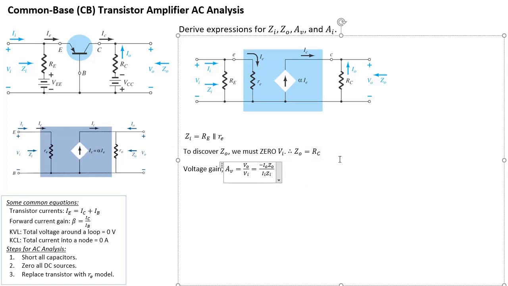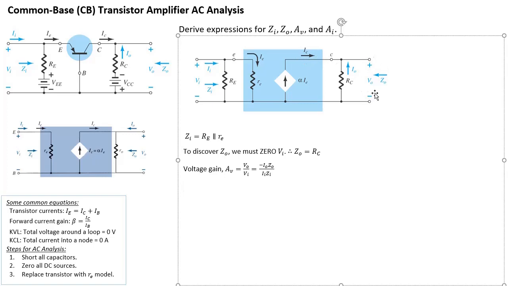So before this voltage gain part, let's just figure out an expression for IO and II. So, well, what is IO? If you look at IO, it's actually the negative of alpha IE, or the negative of IC. So alpha IE is flowing this way in a clockwise direction.